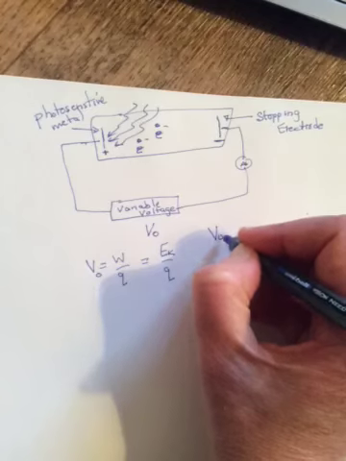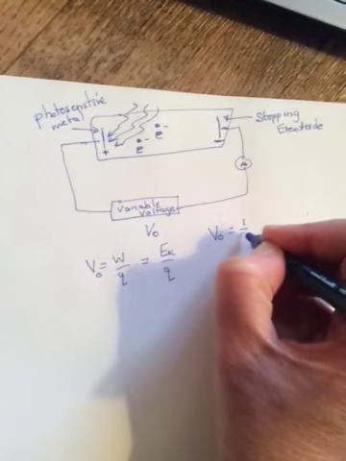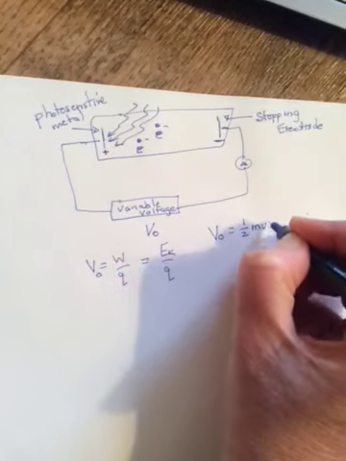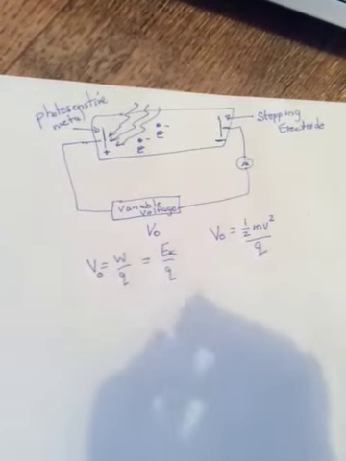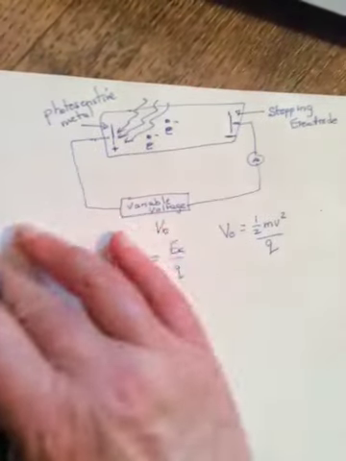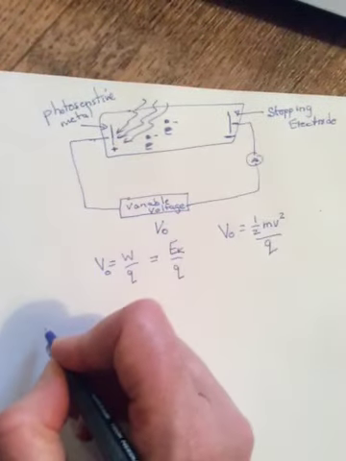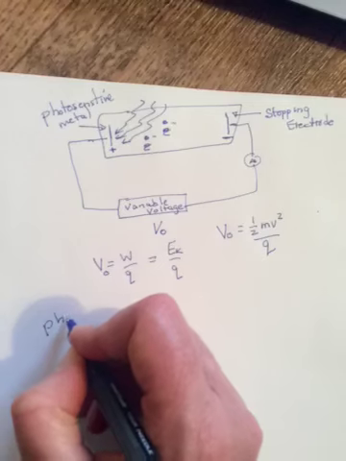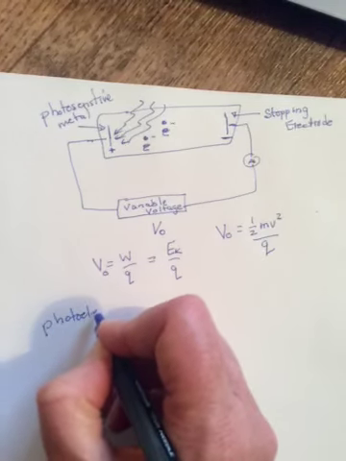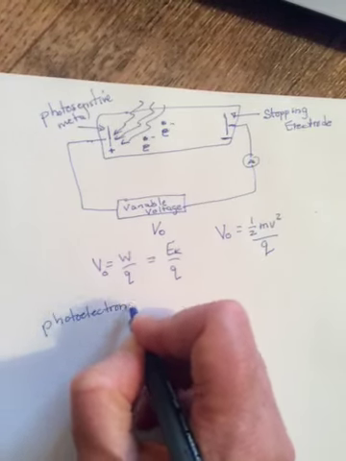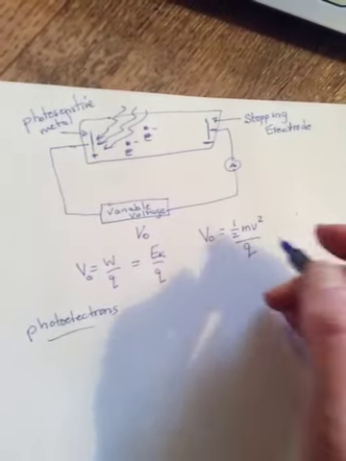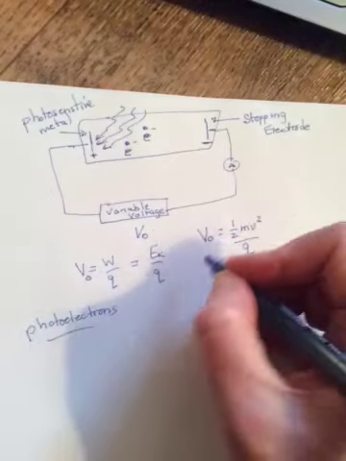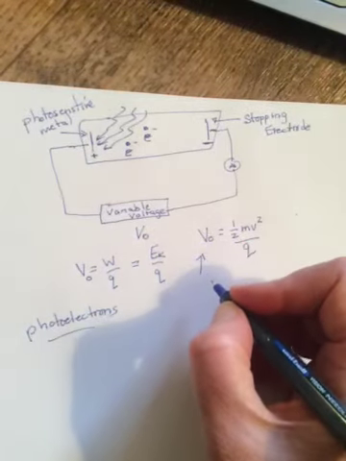And so the stopping potential ends up equaling 1/2 the mass of the electrons times their velocity squared, over their charge. I didn't say it in the last video, but the electrons being released are called photoelectrons. All that means is that they're being released because of the light shining on them. And so this V0 is known as the stopping potential.